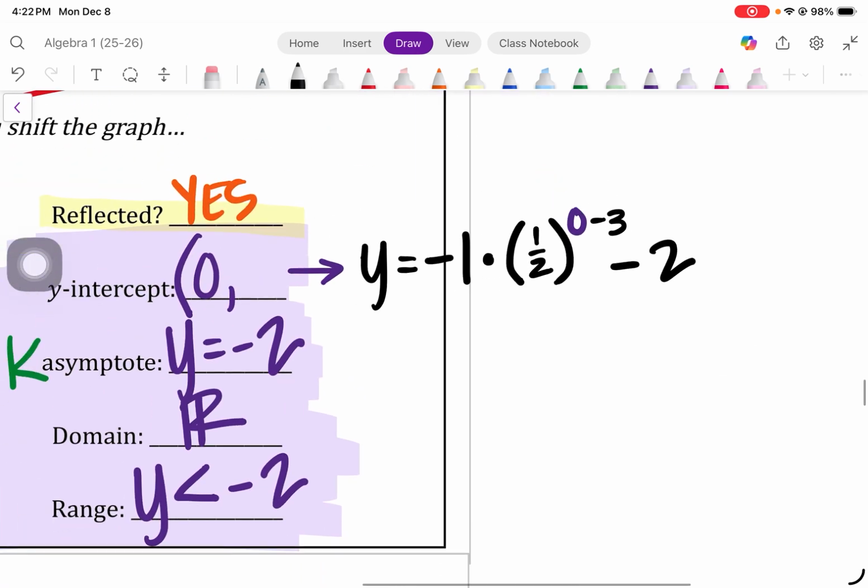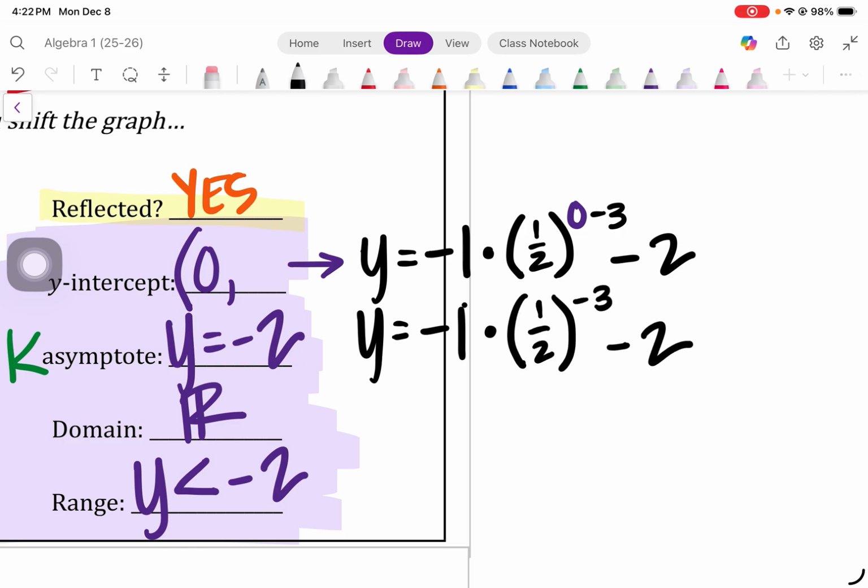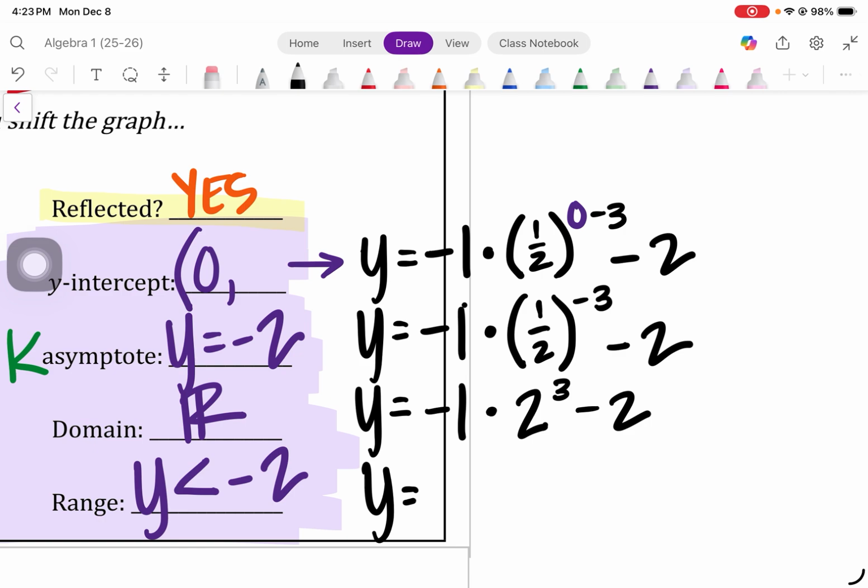So let's go ahead and solve. y equals -1 times 1/2 to the -3 minus 2. Now we're just doing order of operations. A negative exponent flips my fraction, so now I have 2 to the 3 minus 2. You don't have to write all this down.